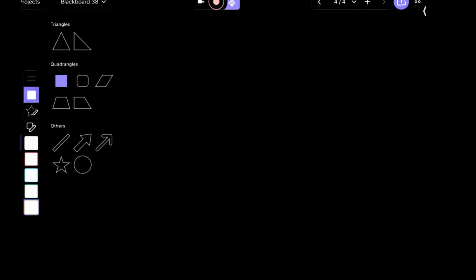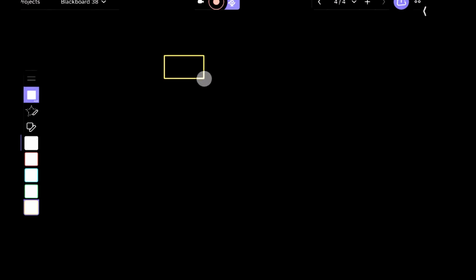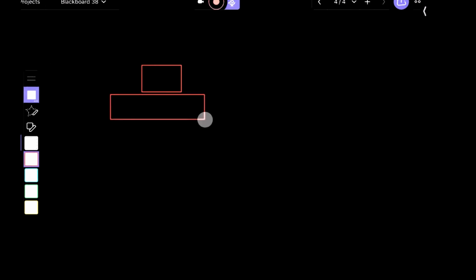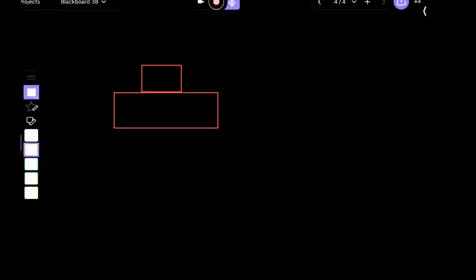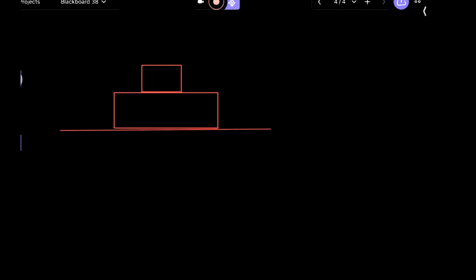Now we will do the 2-block problem. Suppose one block is kept over another block. Once we do this, we will do the 3-block problem. So we have 2 blocks. One is the top one, M1, and the one below is M2.